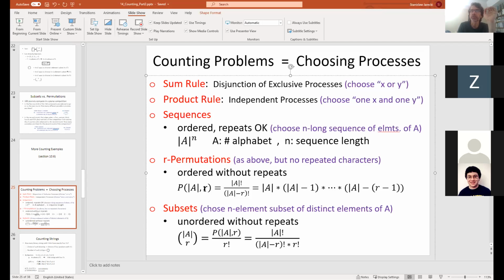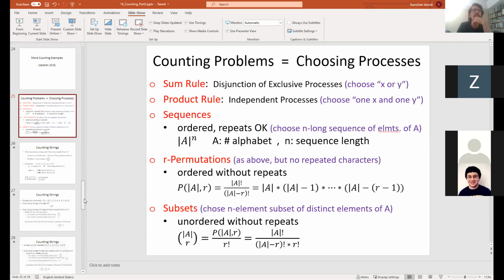That's an R permutation. And what if these R sequences are unordered? So it's no longer a string of characters, it's a set of characters. That's the cardinality choose R.